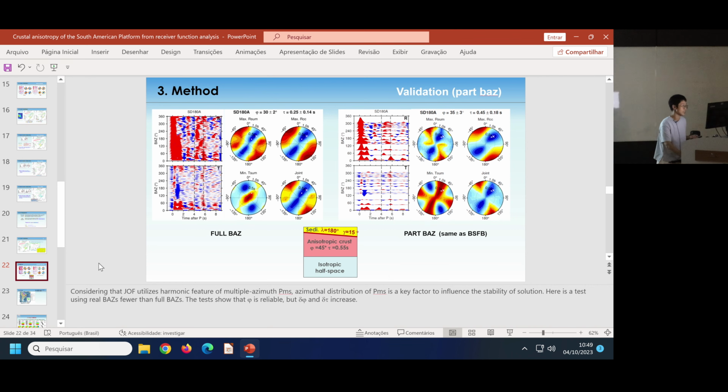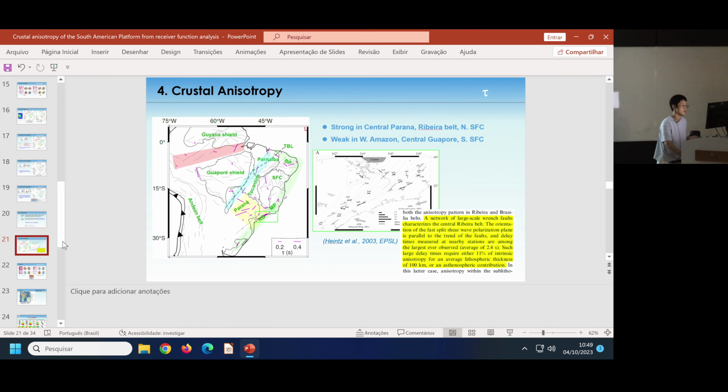I think I have another slide here. Marcelo knows this work. This is from Haynes, and I take it from this paper. Haynes observed a very strong mantle anisotropy here.